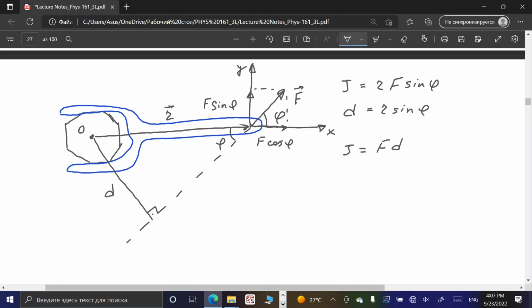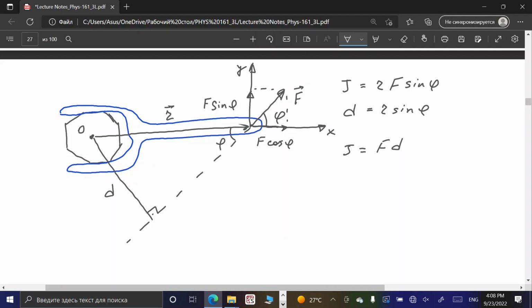This d is the so-called moment arm or lever arm, an additional parameter which we need in order to define how much the exerted force F will tend to rotate some given rigid object with respect to some axis of rotation. In this case, we have a bolt and an axis of rotation which goes through the center of the system.